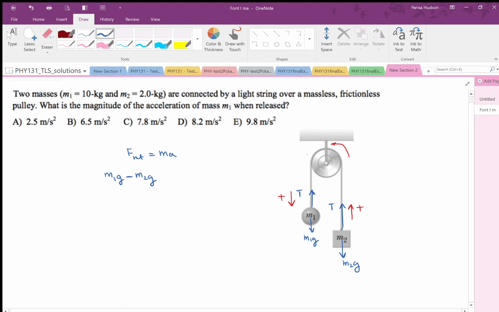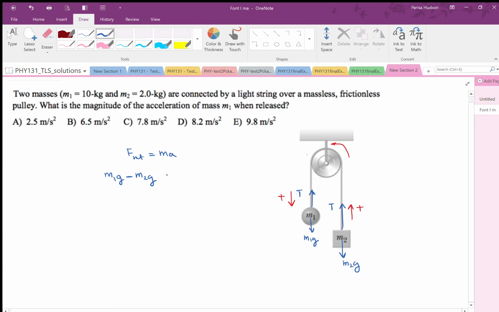Because m2g is downward, and for mass 2, I took upward to be the positive direction. So F net is the sum of the forces acting on the system of the two objects. I should note that I did not include the tension here because the tension forces are internal forces, and we do not include the internal forces if we take m1 and m2 as one system.